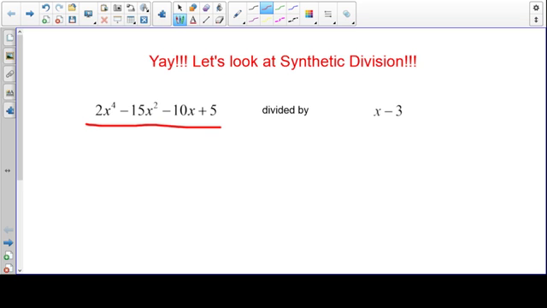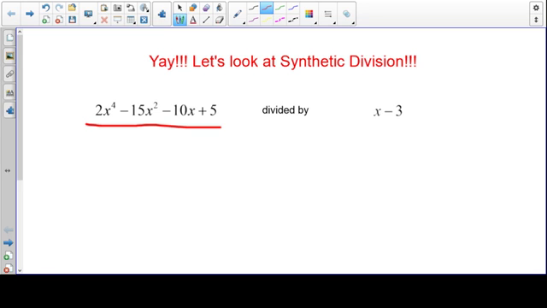That's great. Next we want to ask, is there any missing terms? So we want to go from one exponent to the next smallest one. So we have 2x to the fourth. Then I ask myself, do we have anything to the third power?